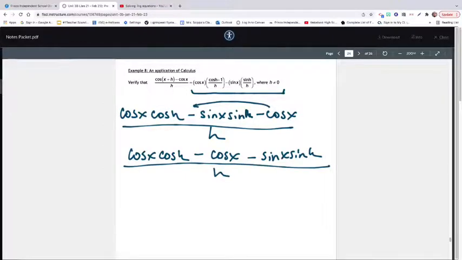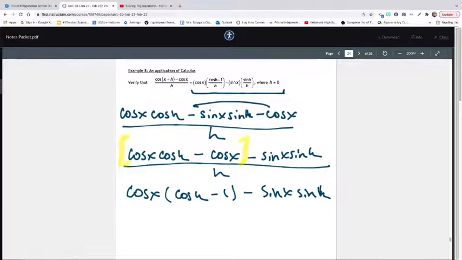That way I can work with these two terms right here, and factor out to kind of make it look like these two right here. So factor out my greatest common factor, and I'm left with cosine h minus 1 when I do that, minus the sine x sine h, all of which is over h.